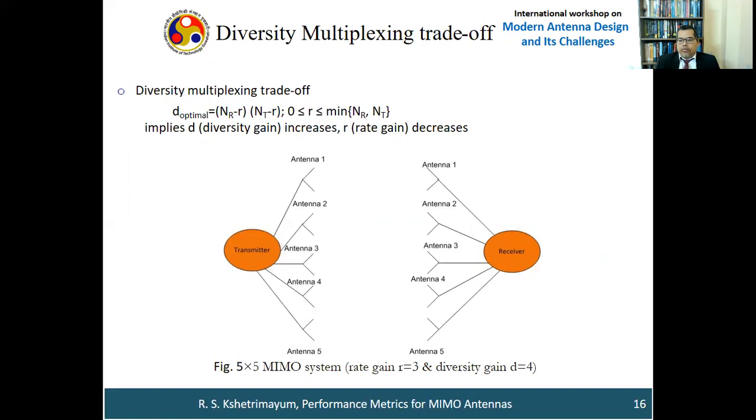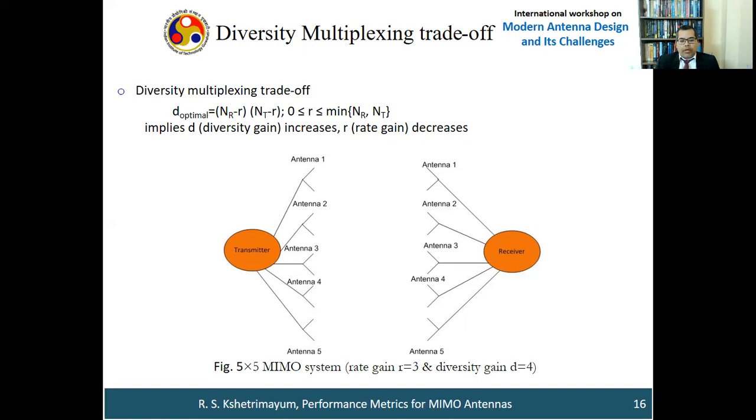Okay, there is also a trade-off between these two. We actually want both of them to be very high, rate gain as well as diversity gain, but you cannot simultaneously increase diversity gain and rate gain. Once you increase rate gain, diversity gain will reduce.